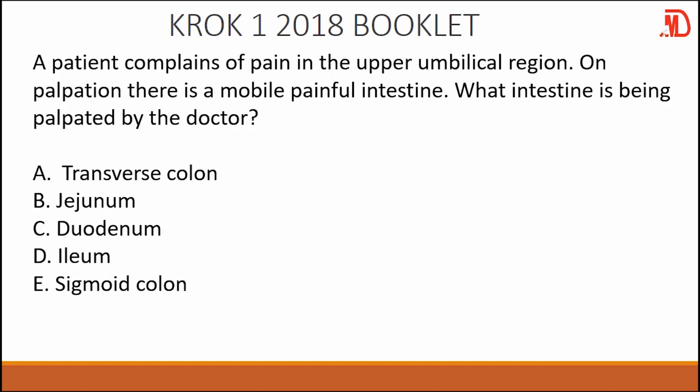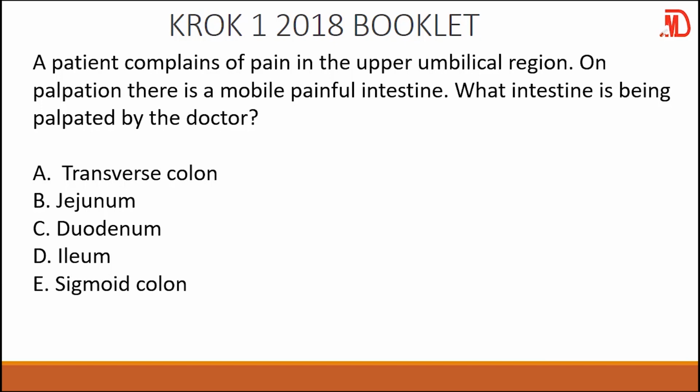The regions are right hypochondrium, epigastric region, left hypochondrium, right lumbar, umbilical region, left lumbar, right iliac, hypogastrium, and left iliac region. These make up the 9 regions of the abdomen.